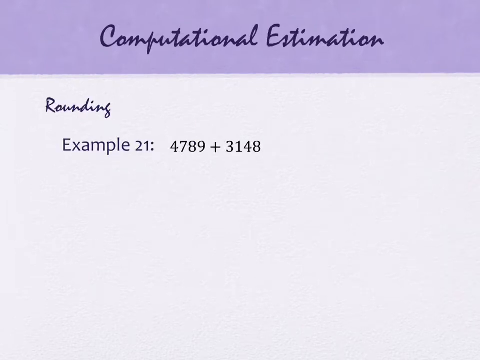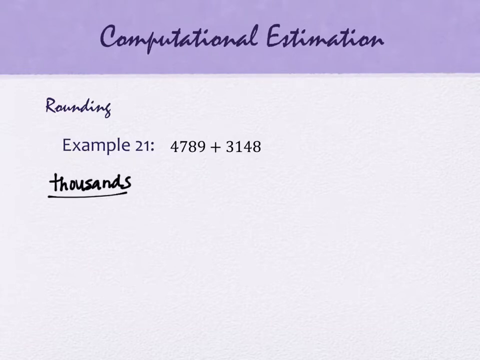Rounding is something that we're all pretty familiar with. On this particular one that I'm giving you, I wanted to show you a couple of ways that you could do rounding. If you're told how to round, then you have to use rounding the way you're told. So let's say you were told that you were rounding to the thousands place.